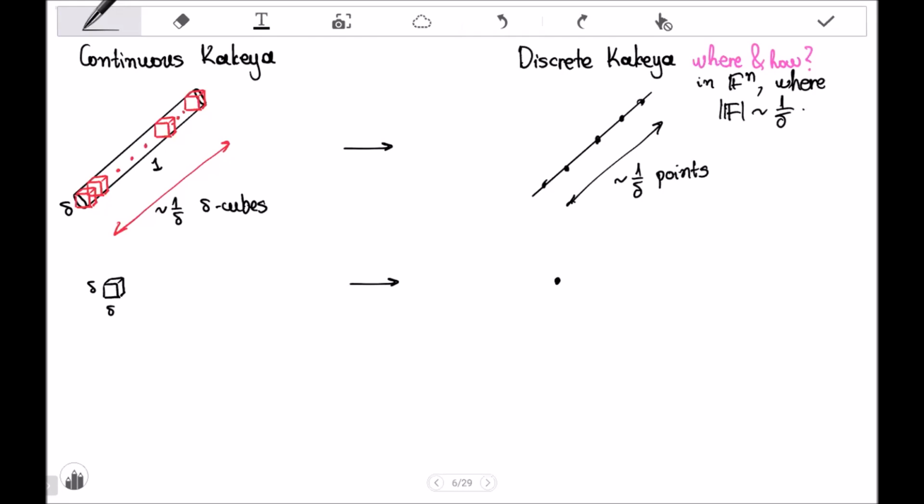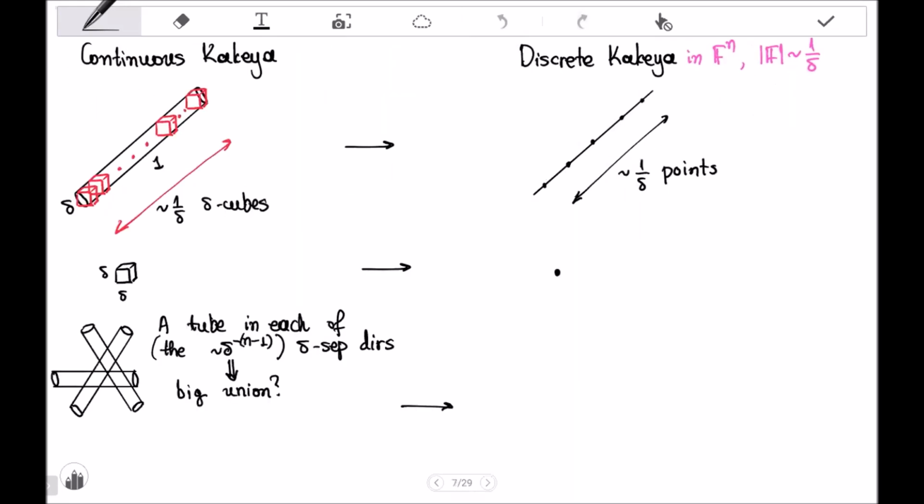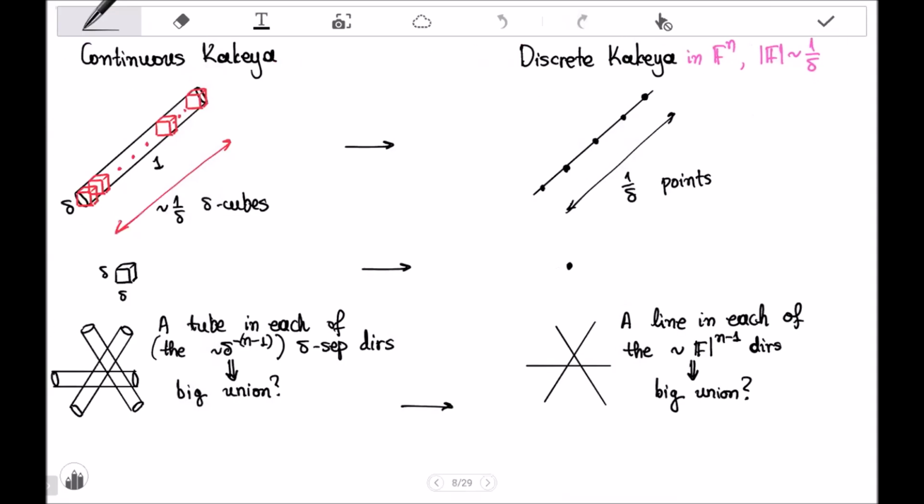And the original Kakeya conjecture says that if you take, in the continuous world, a cube in every possible one of the delta discretized directions, then their union will be big. We want to conjecture the same in finite fields. So if you take a line now, in every one of the possible different directions in F to the n, then their union should be big.